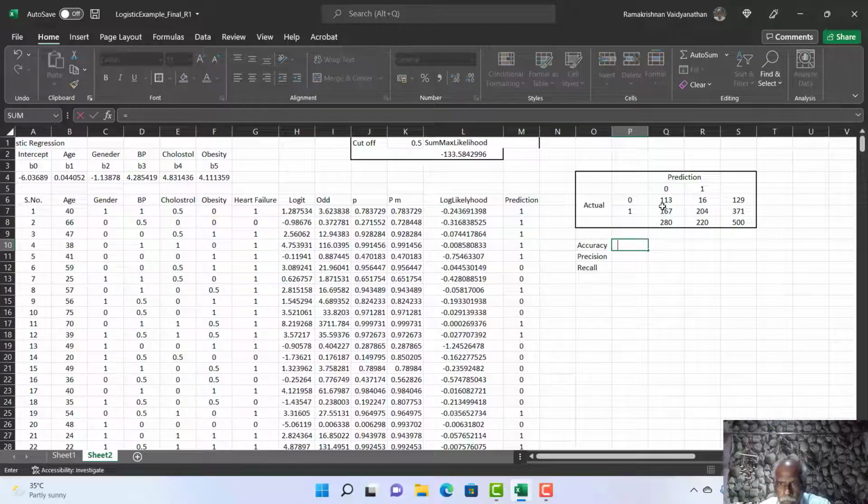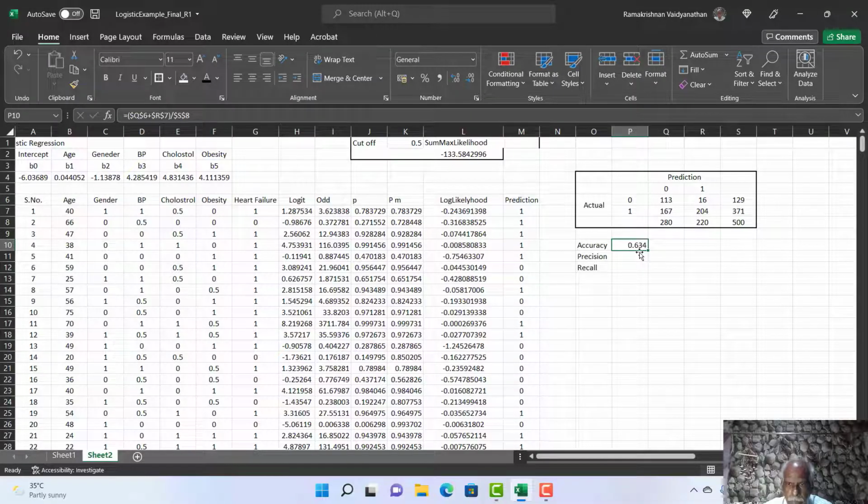So equal to this plus this, divided by 500. I will close the bracket, so it will be alright. Accuracy is 0.634.